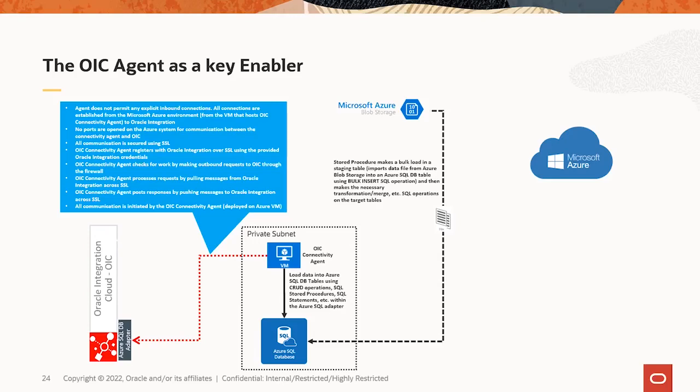We can use the OIC Azure SQL Database Adapter together with the connectivity agent to load information into a private Azure SQL database or data warehouse, using the connectivity agent to securely connect to this Azure private resource and actually load this information into this private data warehouse or database.